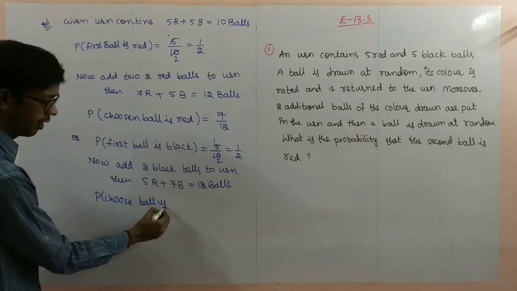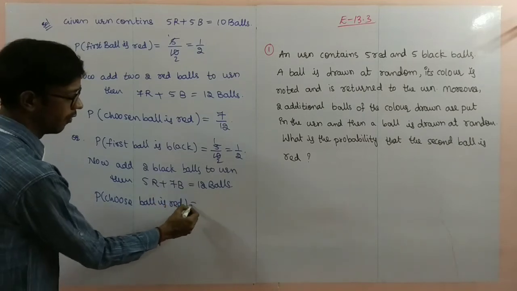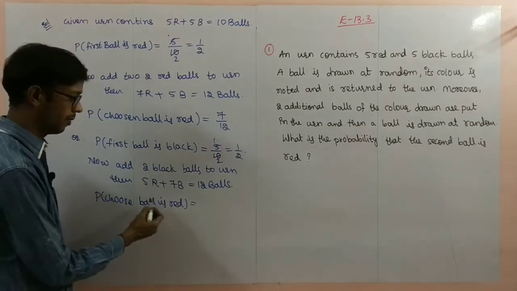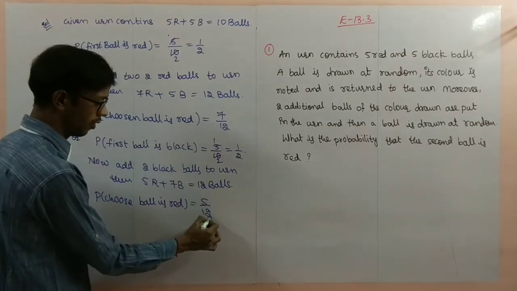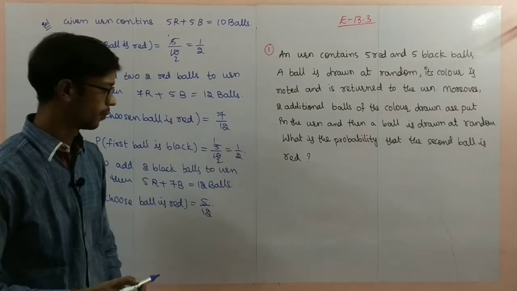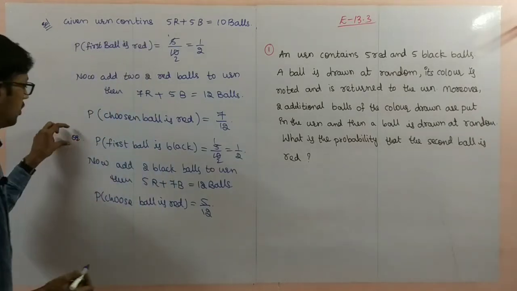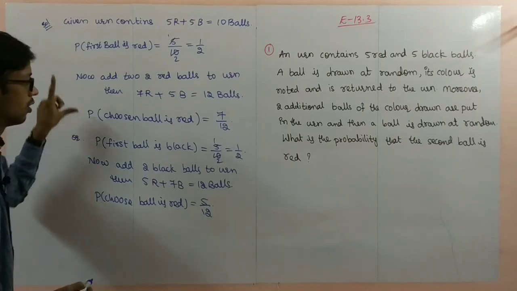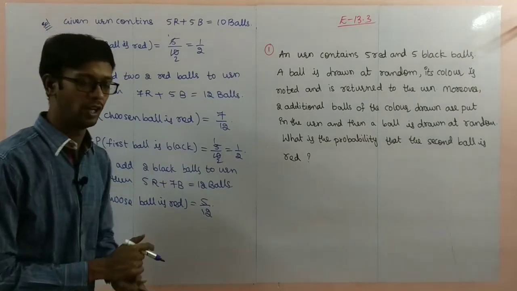So now, probability of chosen ball is red. Again, same red. Why? Because we need the second ball is always red only. So that time 5 by 12 you will get. So this possibility or this possibility is there. So now you have to make the addition.